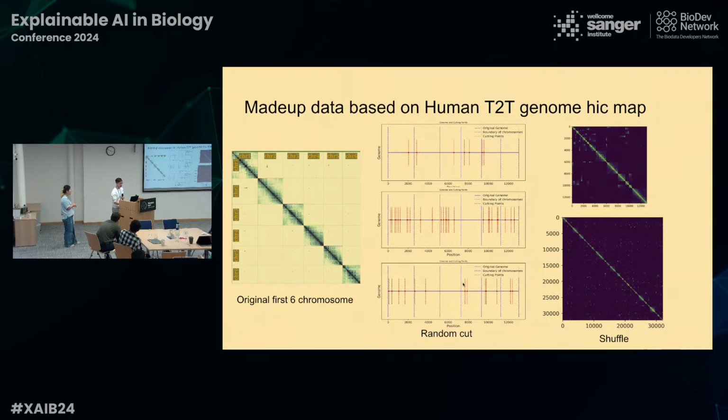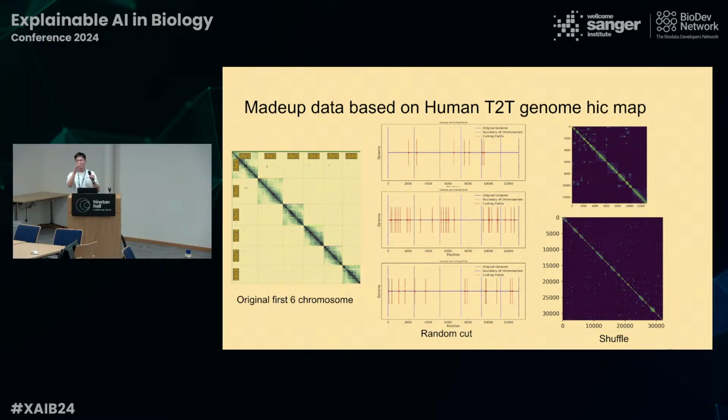On the right side is the Hi-C map after the shuffle. After the shuffle, we just get a random Hi-C map, just like the Hi-C map before curation here.